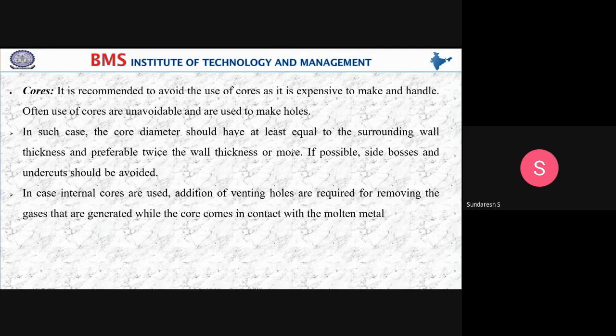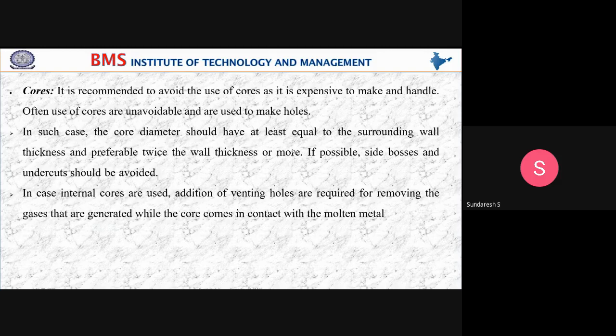Often the use of cores is unavoidable, and they are used to make holes. In such cases, the core diameter should be at least equal to the surrounding wall thickness, and preferably twice the wall thickness or more. If possible, side bosses and undercuts should be avoided.